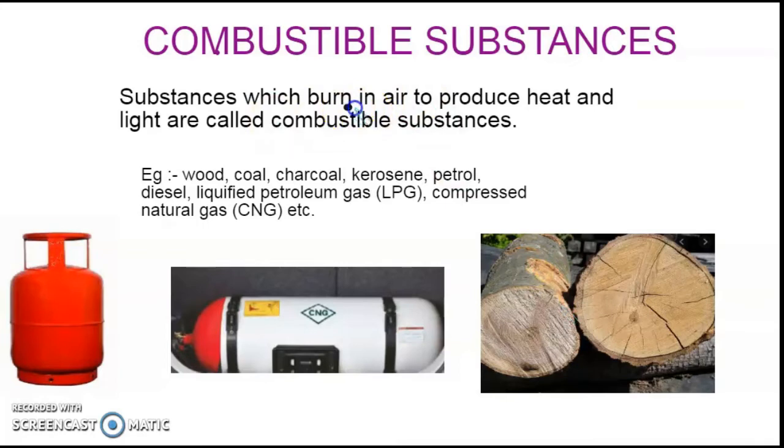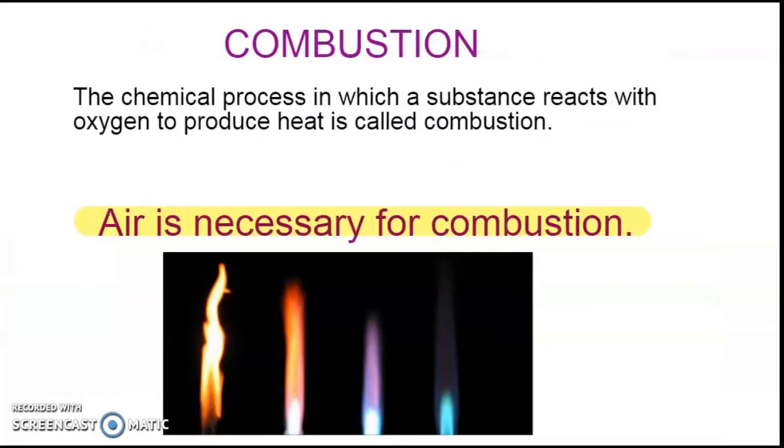Always remember, burnt in air. If there is air, only then will the substance catch fire. So what is this process called, where the substance burns to produce fire? Yes, this process is known as combustion.